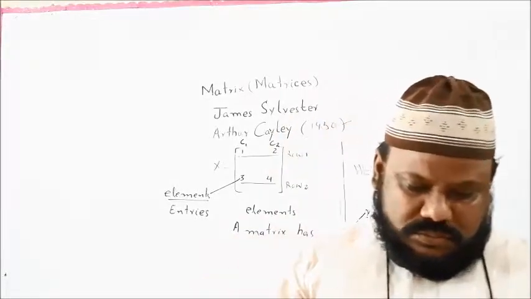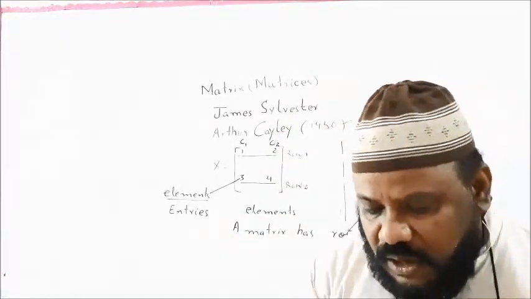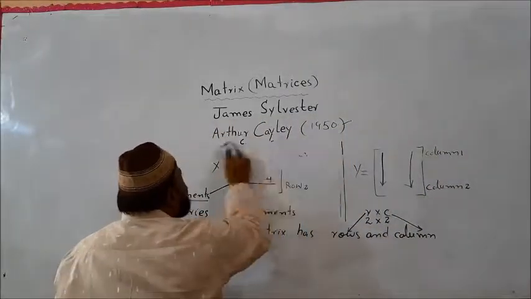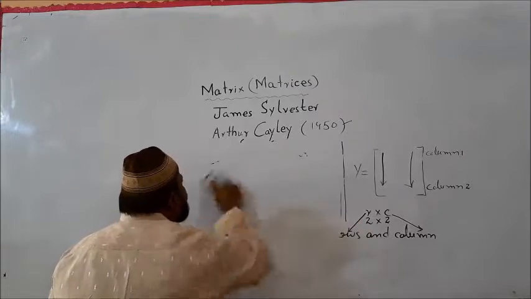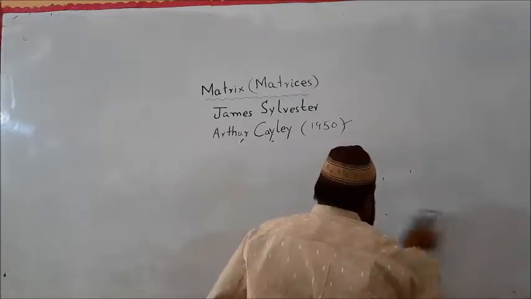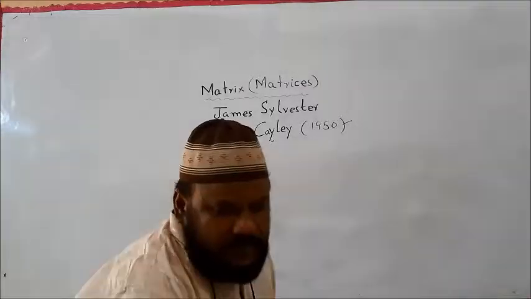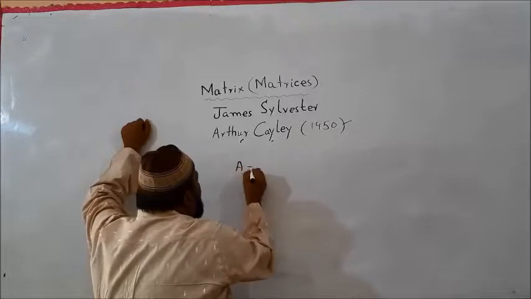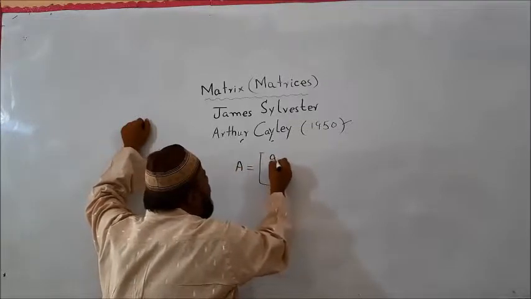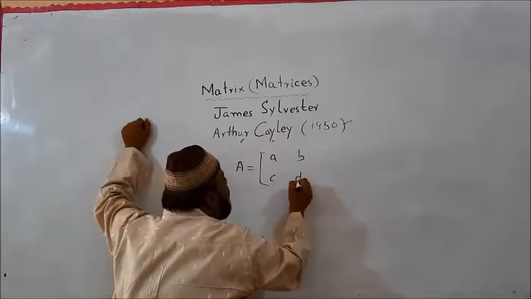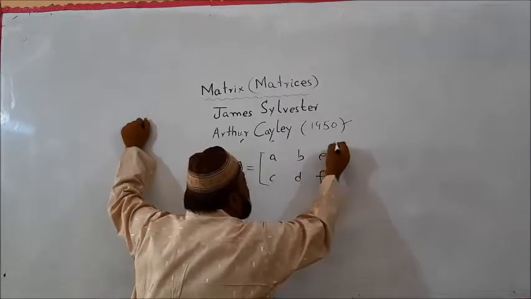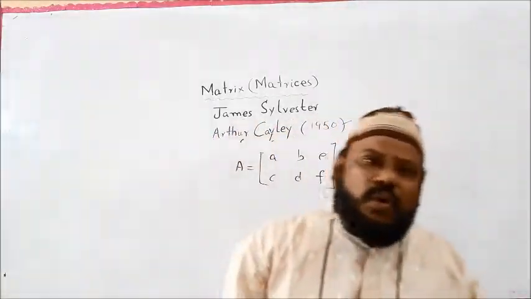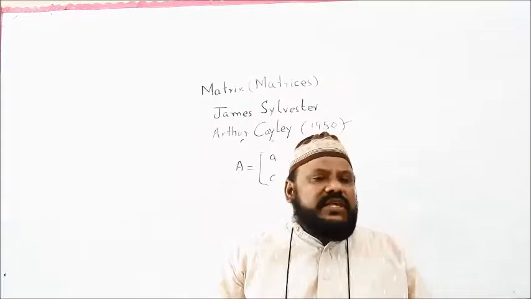And now I explain how you can take out rows and columns. For example, a matrix with elements A, B, C, D, E, F, just like this. You tell me how many rows and how many columns are in this matrix.